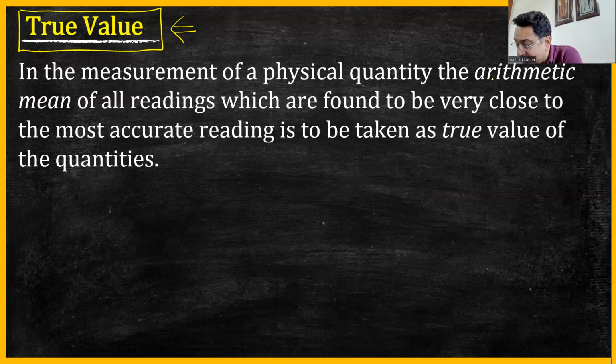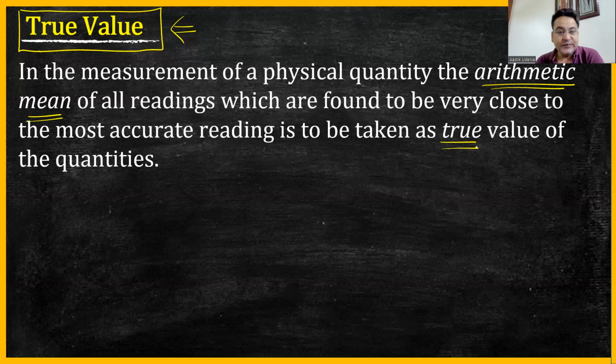If I take the mean, the arithmetic mean or average of all these readings, then the average of all those readings would be very close to the actual value, and that is taken as the true value of the quantity. So true value of the quantity is the arithmetic mean of all the observations that you have done.